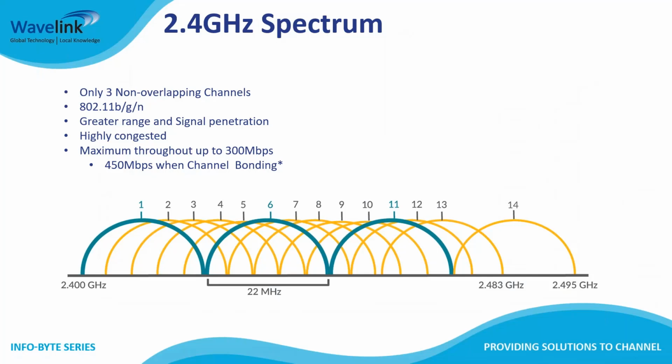Obviously, two spectrums that it works on, 2.4 gigahertz, with only three non-overlapping channels, 1, 6, and 11, 22 megahertz wide. Great signal penetration because the sine wave itself is longer, and fantastic for a distance link, but not great for high density. It's better for coverage.